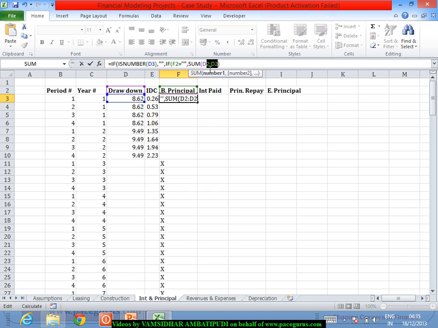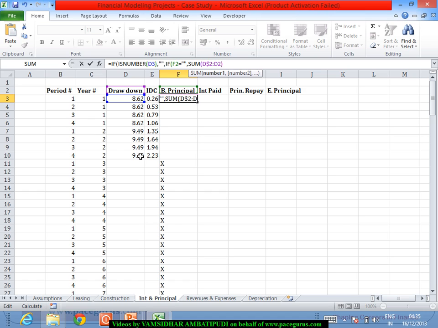So I'll take the dollar here, which means if the above cell, so here if we are looking at it here, the cell above it is blank. So what it will do, if that is blank, it will do the summation from D2 to probably D10.